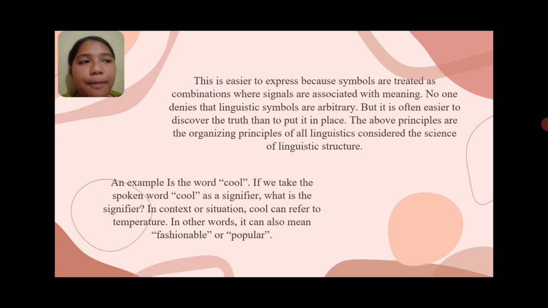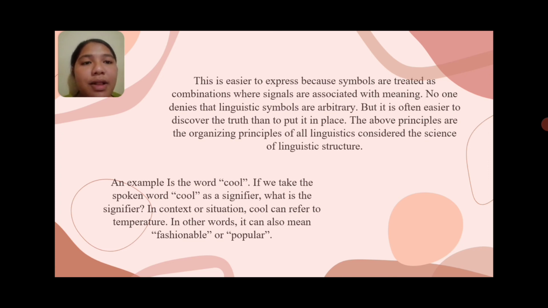Linguistic symbols are treated as a combination where a signal is associated with a meaning. Linguistic symbols are arbitrary, but it is often easier to discover and put in place. The above principles are the organizing principles of linguistics, considered the science of linguistic structures.